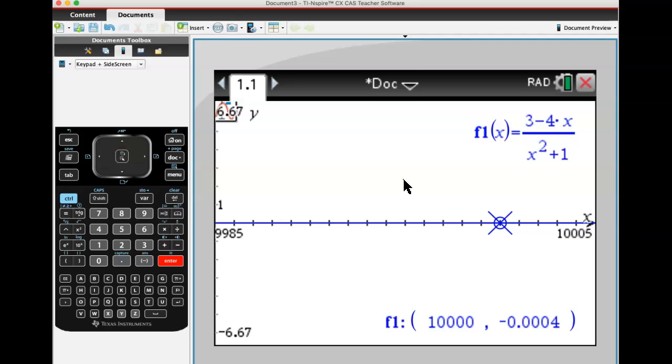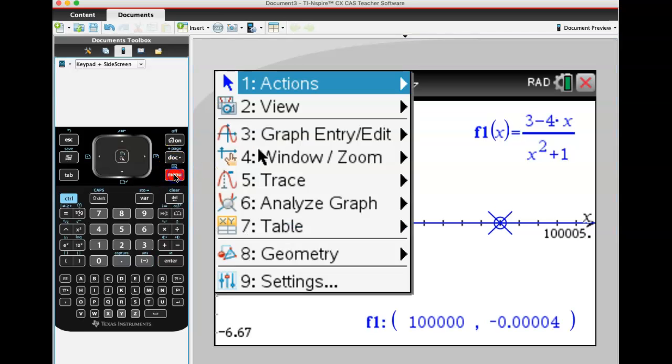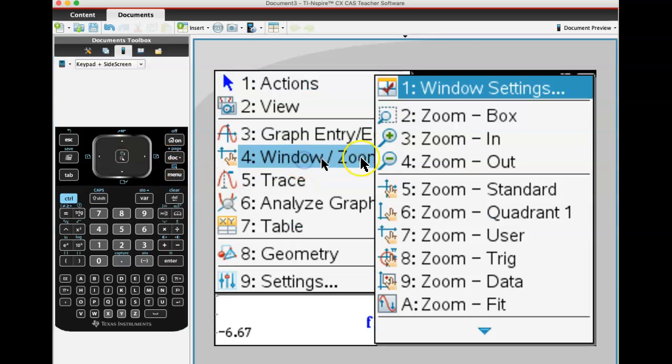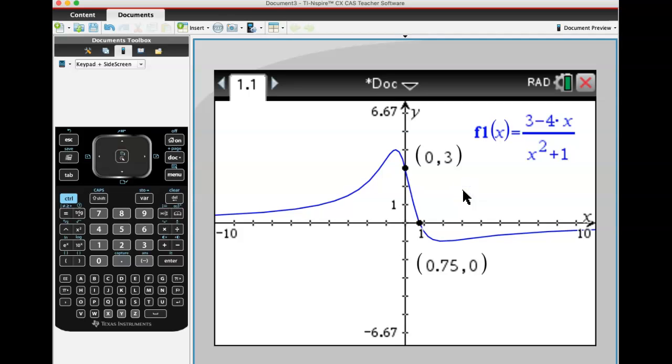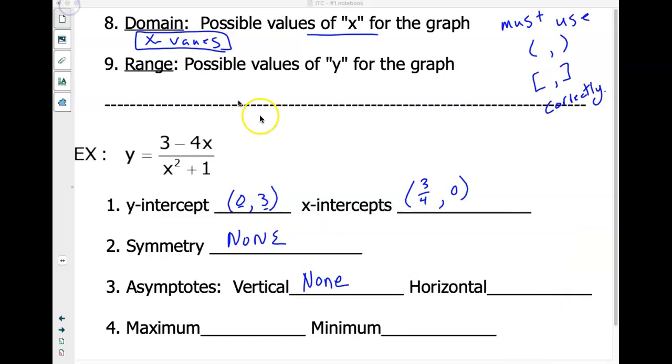Looks like it's getting closer and closer if I put 100,000 in there. Oh, it's getting smaller. Looks like y equals 0 is my horizontal asymptote. Come back to my Windows Standard, and I don't need to worry about it. Horizontal asymptote, y equals 0.